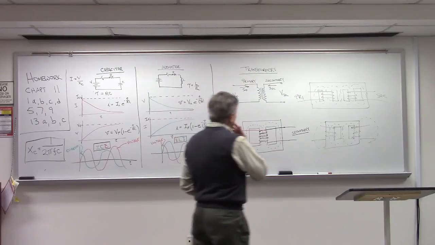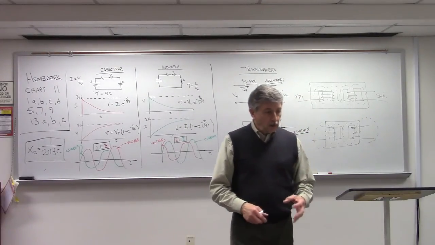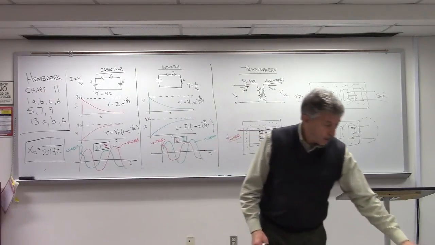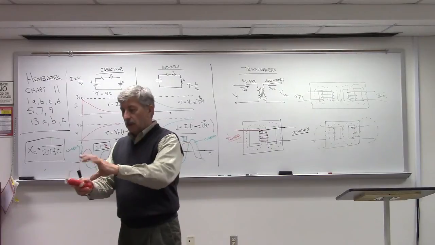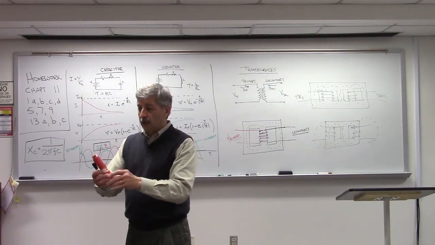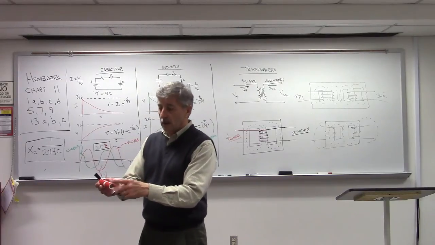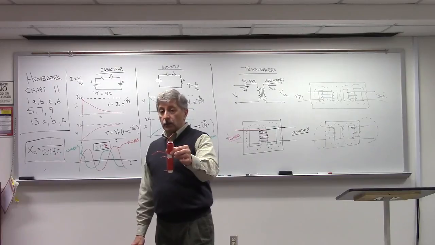Now, what's going on here with a transformer? Well, when you have a coil of wire like this, and you connect that to a power supply, as that magnetic field expands, what happens? It cuts across this coil here, which is not real efficient.